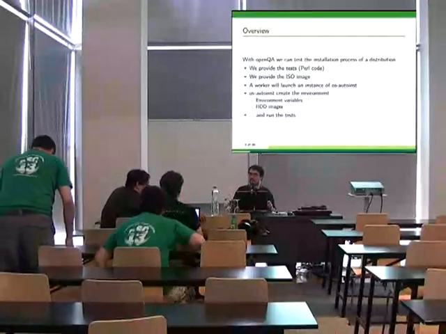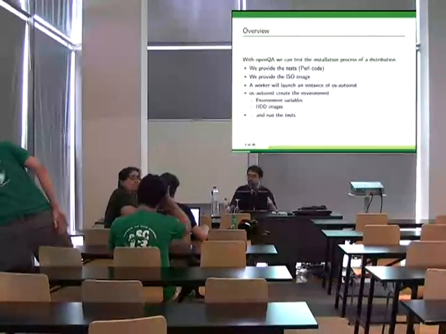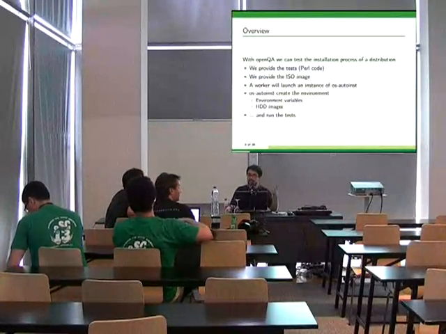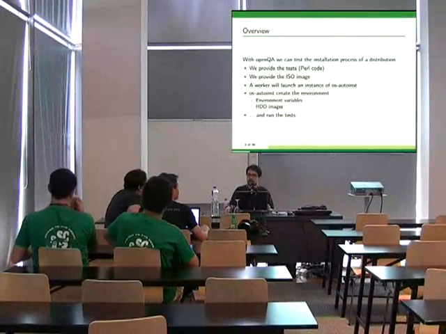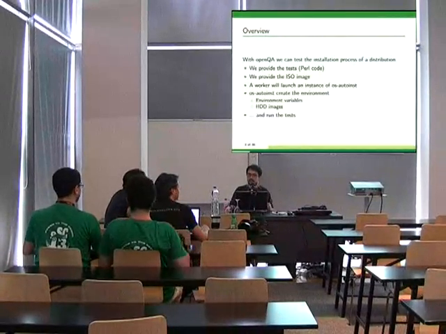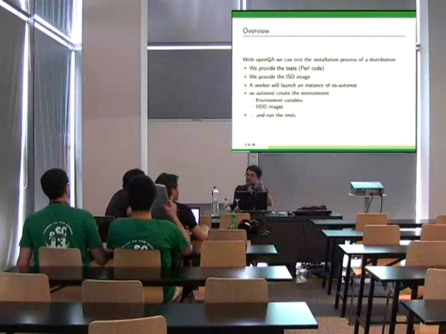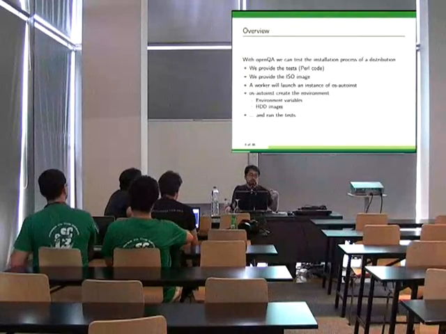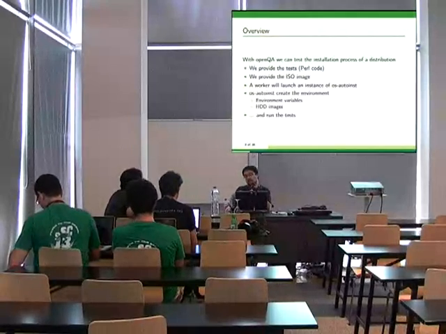We can submit a fix for that, and we have time to fix the distribution after the release. Essentially, if you assisted to the Bernhard presentation, you can see that with openQA we provide the test that usually is a Perl code, a very small Perl code. We usually provide the estimate that we want to test, and we have different parts.